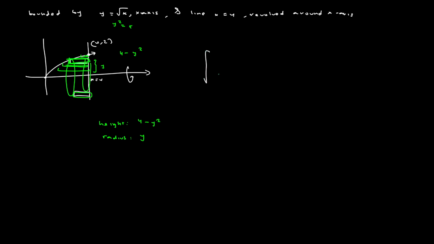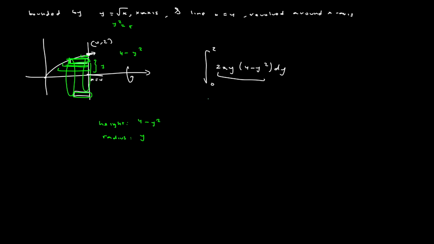So the integral from y equals 0, because that's where we start, up to y equals 2, of 2 pi times radius y times height 4 minus y squared dy will give me the volume, because this is the surface area, and I'm multiplying it by dy to get the little volume that I'm trying to add up.